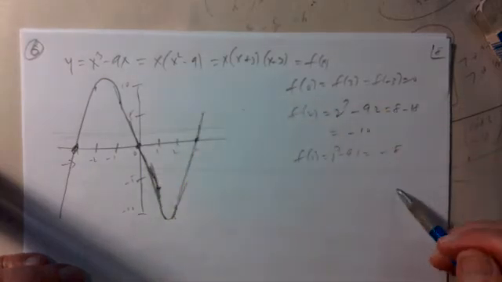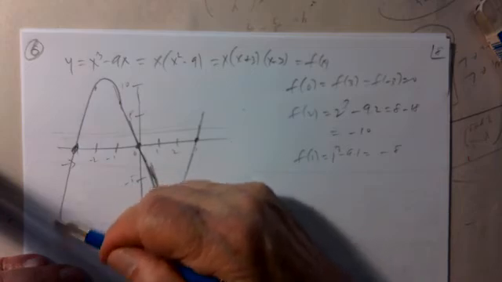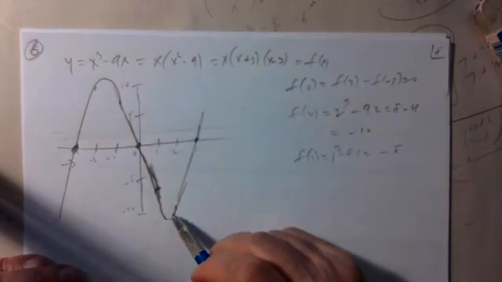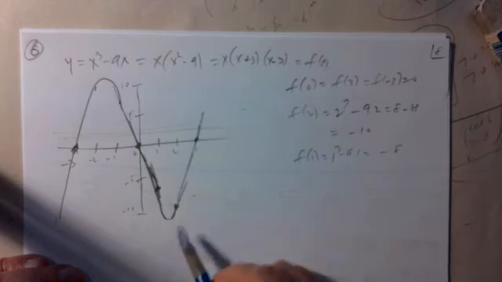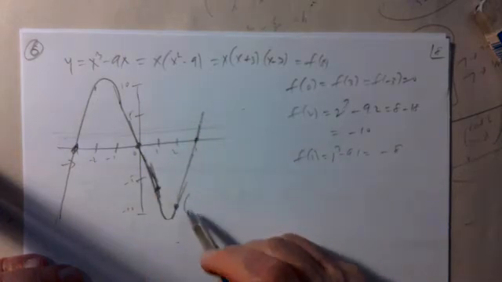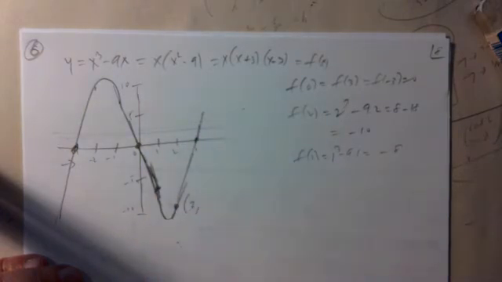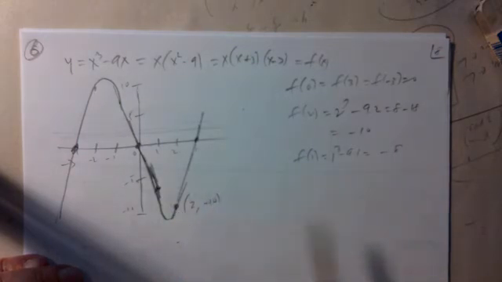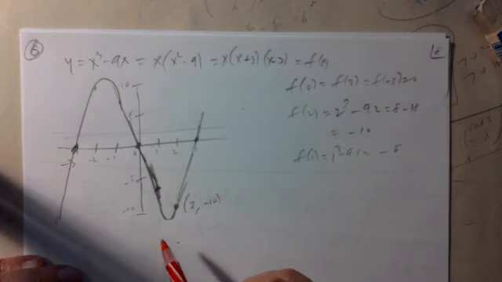Right? Because any cubic curve has a graph that goes up, down, and then up. And this is the point 2, comma, minus 10. This is the point on the curve we want to compute the tangent for.